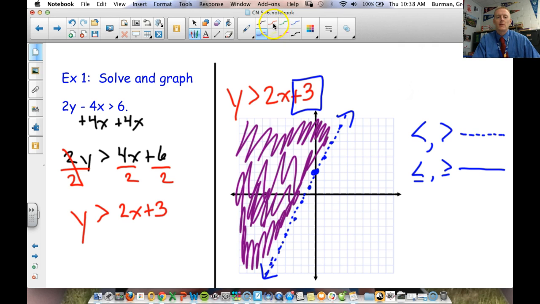So we could pick any point, such as right here, (-2, 3), and we could plug it in. For x, 2 times -2 is -4. -4 plus 3 is -1. -1 is less than 3. So we know that that is a true statement. So all of those are solutions on this part of the graph.